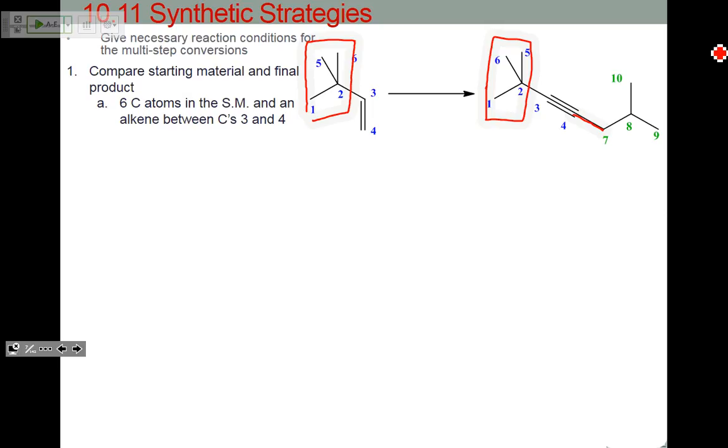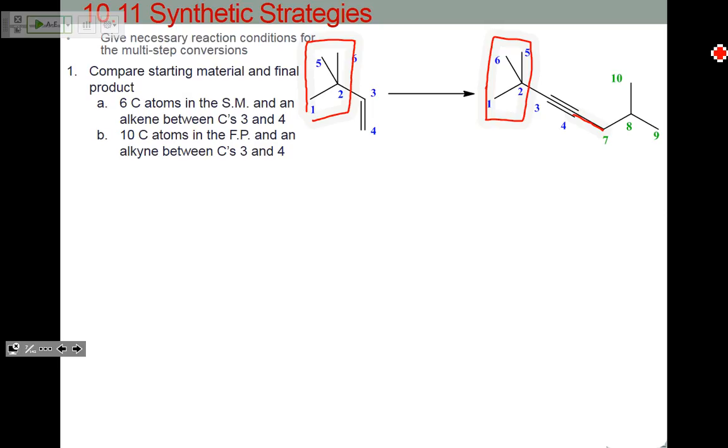The other big difference that we see is that we have a triple bond between carbons 3 and 4, where we didn't have that triple bond before. We started with a double bond. So that's a pretty good hint for you, because the only route that we've learned to form a new carbon-carbon bond is through deprotonating a triple bond.